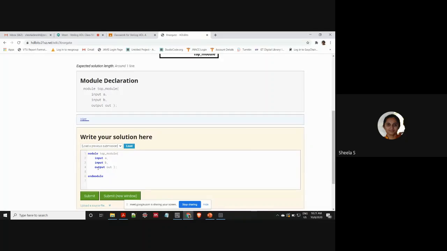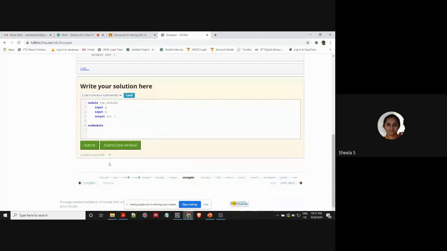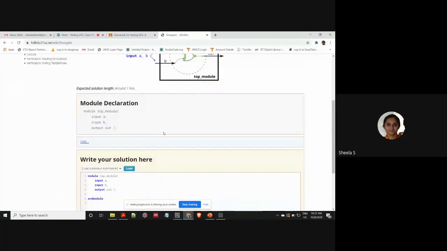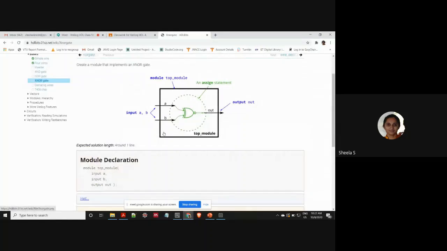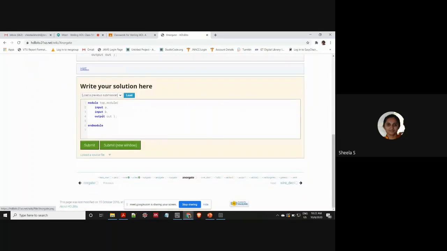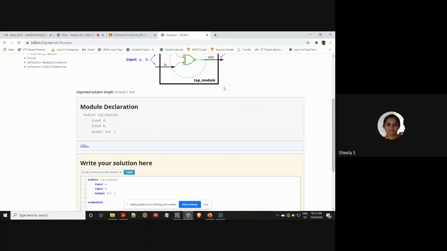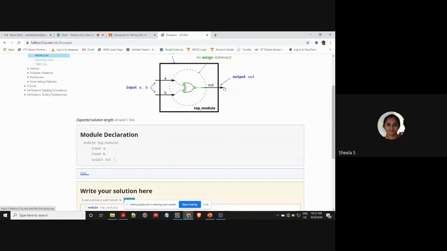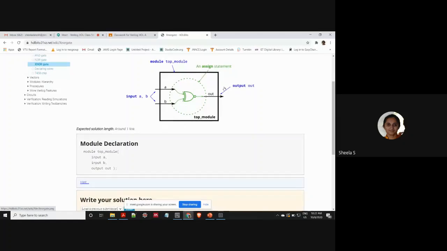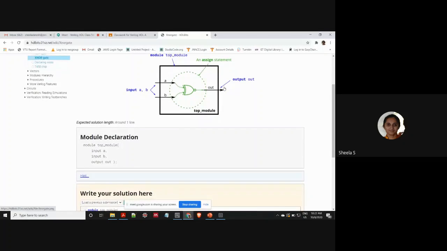Any type of architecture you can write, and you can submit and check the result, so that you can analyze your program writing. If there is any error, you can modify your program and submit again, until you get the correct result. Like this you can practice using this particular website.